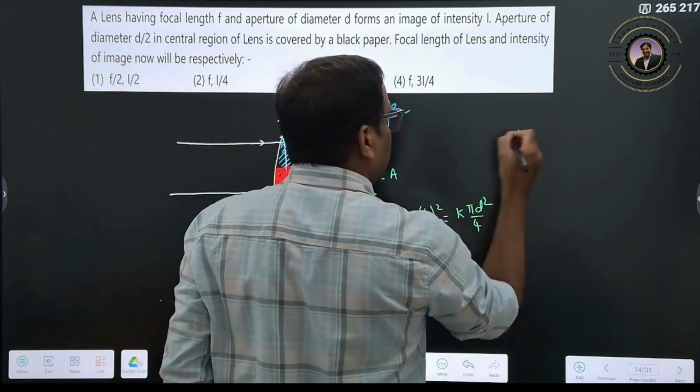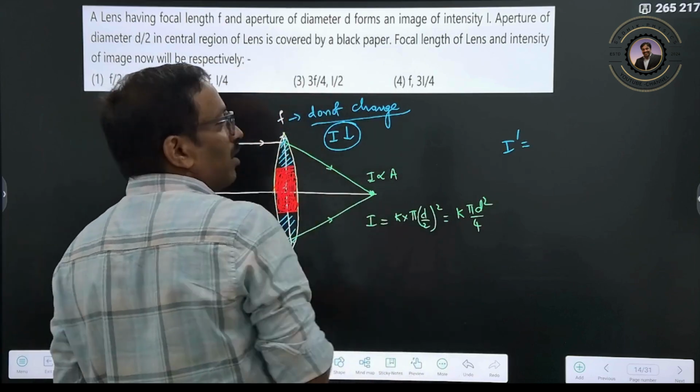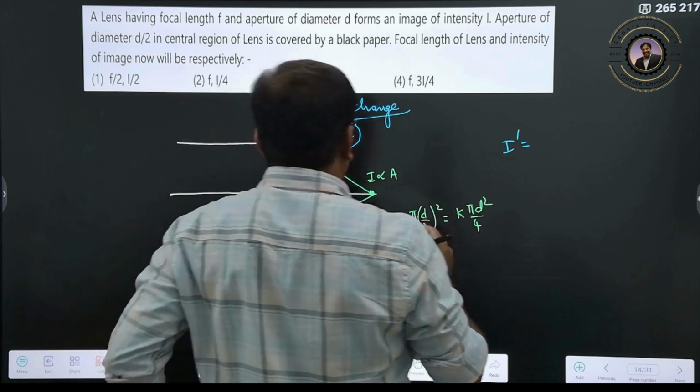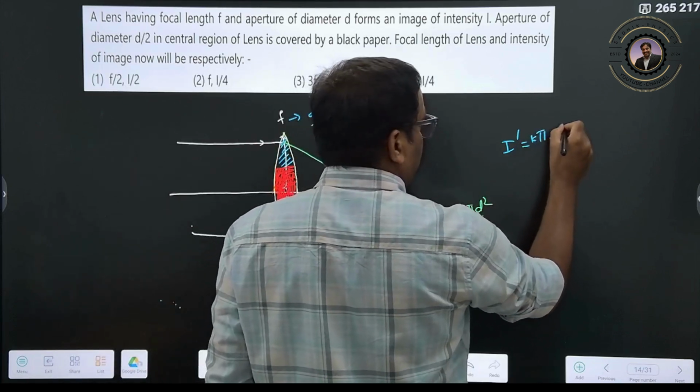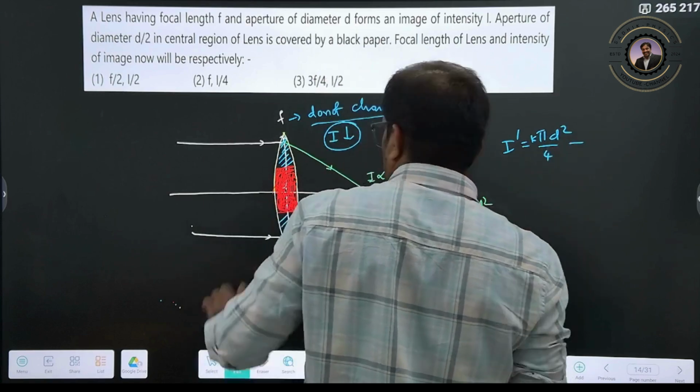How much intensity will there be? I dash will be equal to the area of light passing through. The initial area is constant into pi d square by 4, minus this much part.